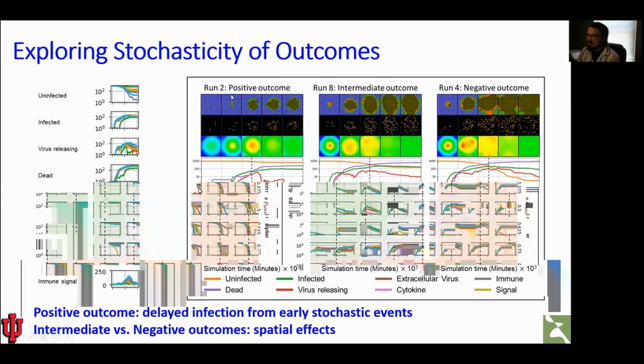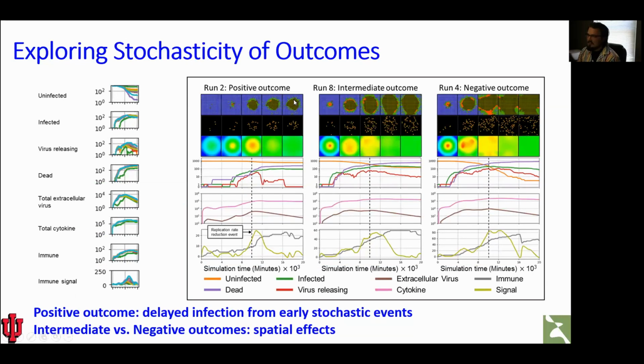The first one being a positive, what we've called a positive outcome, which is that at the end of simulation, there's at least an appreciable amount of uninfected cells, which you can see here. Not many infected virus-releasing cells, whereas in the negative outcome, there's practically widespread infection. I think in this case, not any uninfected cells by the end of simulation. And then we have something in between.